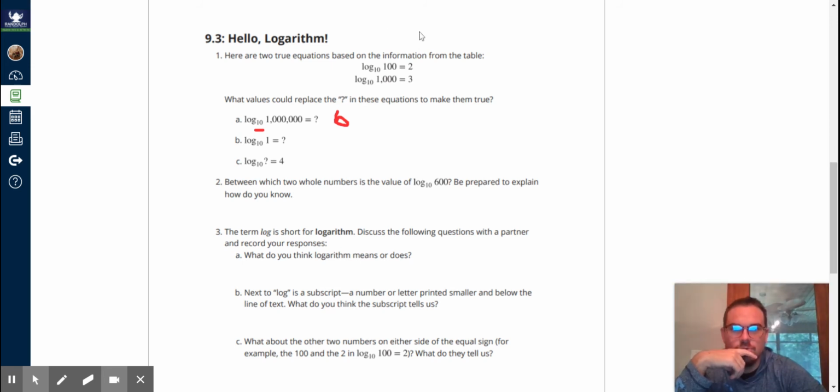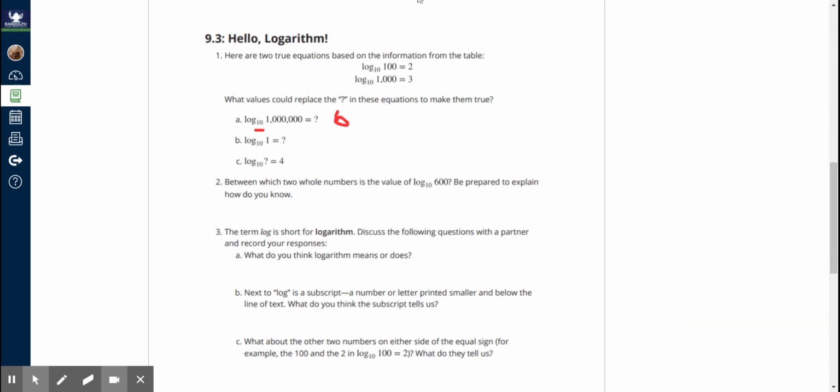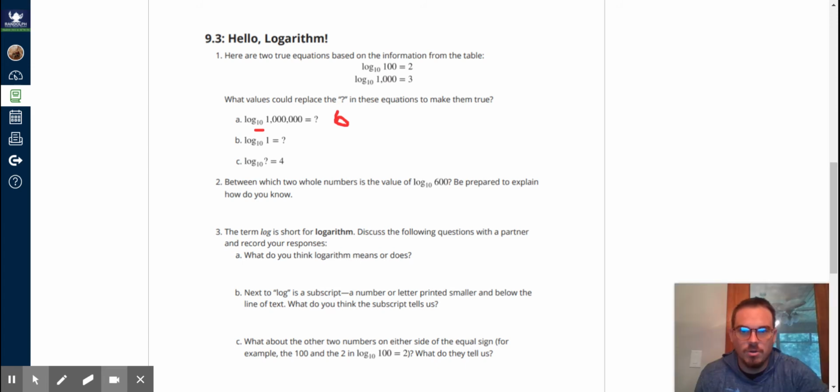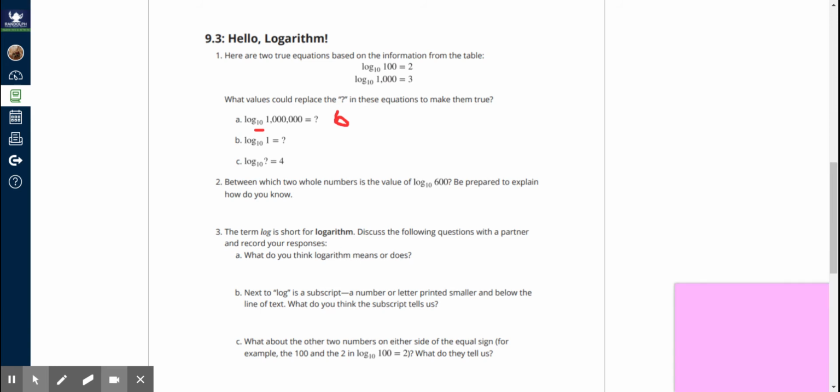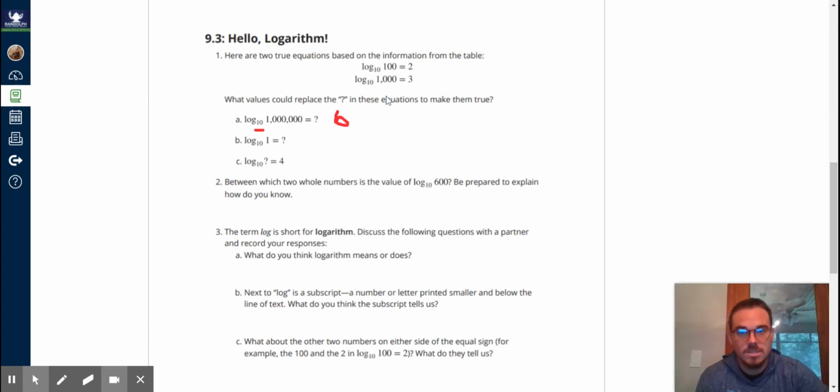But if you go to Desmos and go to your logarithmic, or you go to your scientific calculator, and I'm jumping over there now, there is a function called log, okay? And it'll say log, log base 10 is on all of them. So they're all really log base 10. But if you were to say log of a million, it goes to 6.